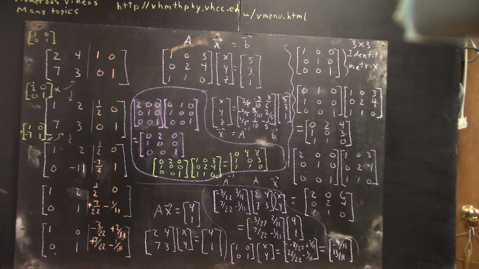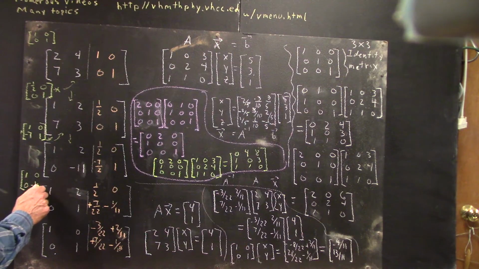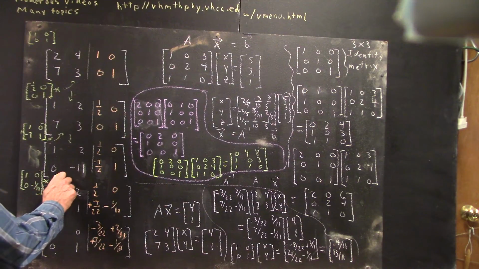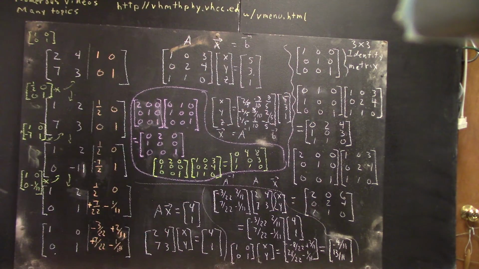Okay, the next thing I did was I multiply the second row by -1/11. If I do that to the identity matrix, I get 1 0 0 -1/11. That multiplied by this gives me this.